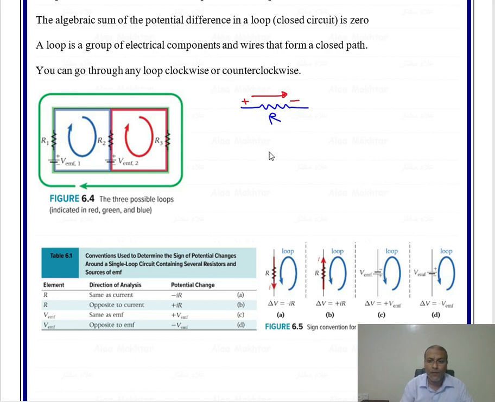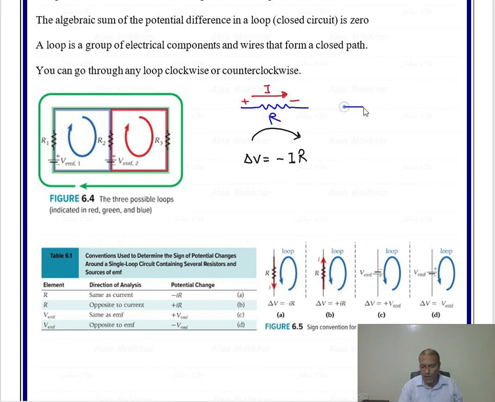If we move in the same direction as the current, clockwise, the potential difference in this case is negative. We find the negative sign after we get out from this element. Negative what? Negative I multiplied by R.